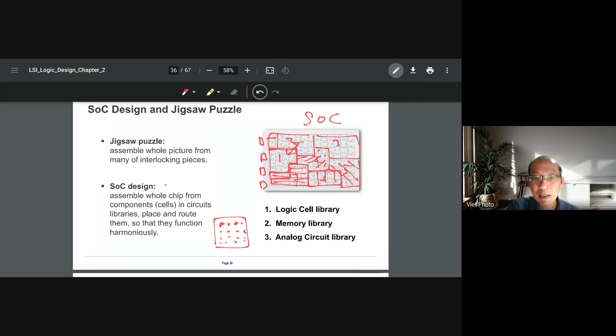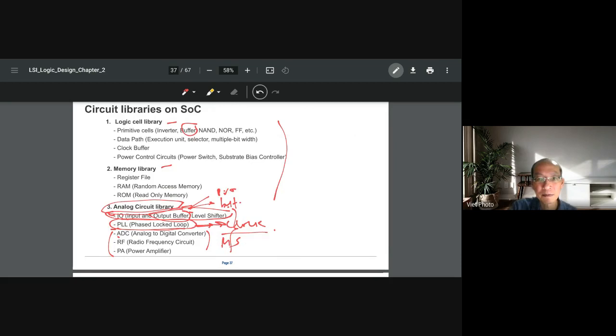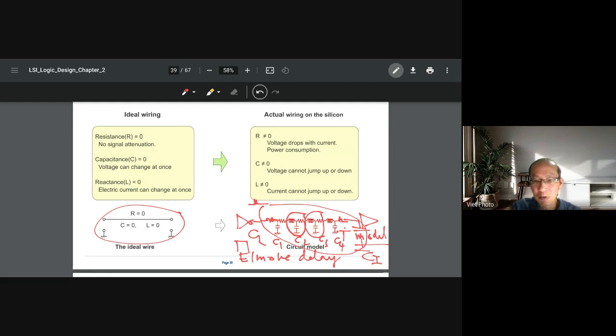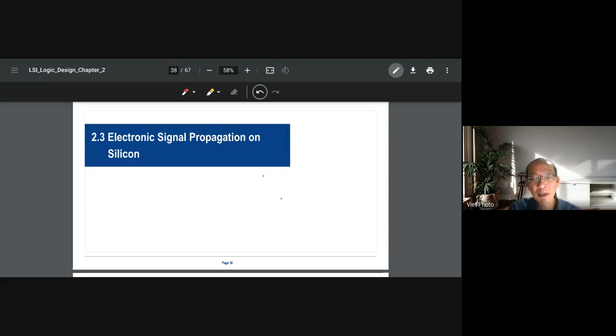As it's a pin like that, for an input you have the input buffer, for an output you have the output buffer, and then you have the analog ones. So from this portion, it's about the electronic signal.